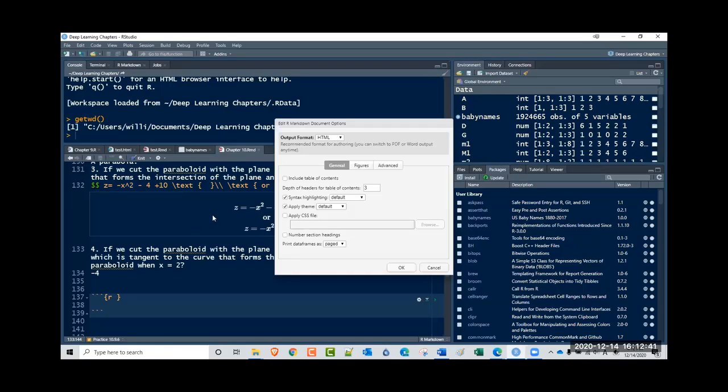So if you actually want to have images, you have to treat it like it's a web page. I guess there are figures here and advanced. So yeah, I don't know exactly what this theme does, and I don't know what this default highlighting is. But you have some options that you can play with here.